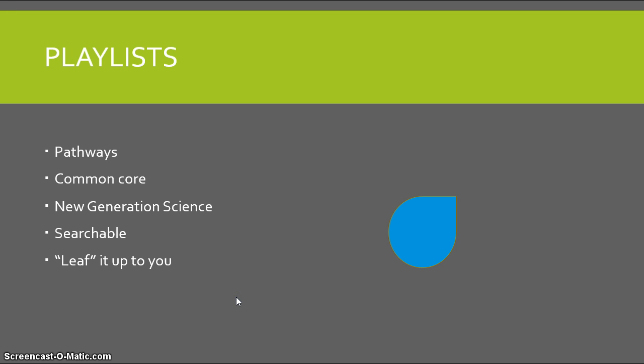Okay, there are playlists available to you in Sophia that will teach curriculum in whole or in part. You can select whole pathways that are based on the Common Core or New Generation Science Standards, and they are complete with quizzes which generate information for you on how your students are doing.